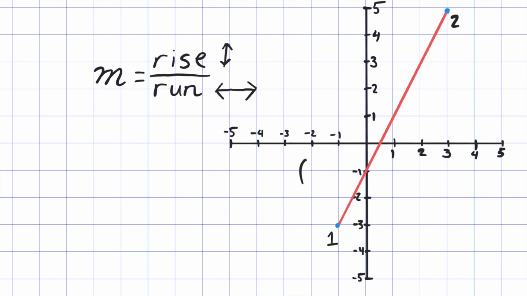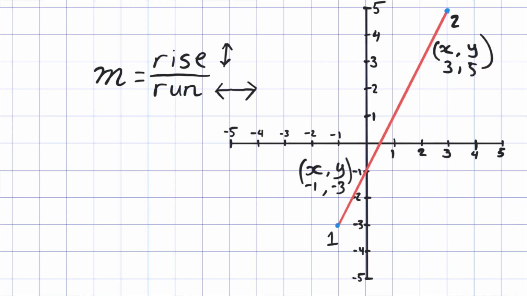So I know that my x value for point 1 is actually -1. And I know that my y value coming down is actually -3. I also know that for point 2, my x value, well, that's 3, and my y value, well, that's 5.